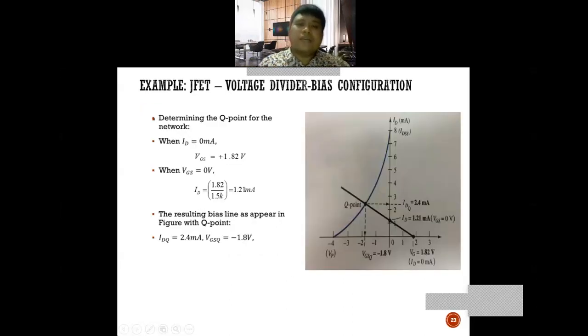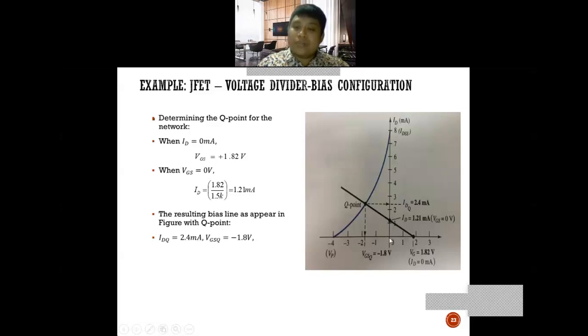So determining the Q point for the network. We know that when ID equals 0 milliampere, VGS equals 0 volts, like this. Sorry, when ID equals 0 milliampere, the VGS equals plus 1.82 volts.